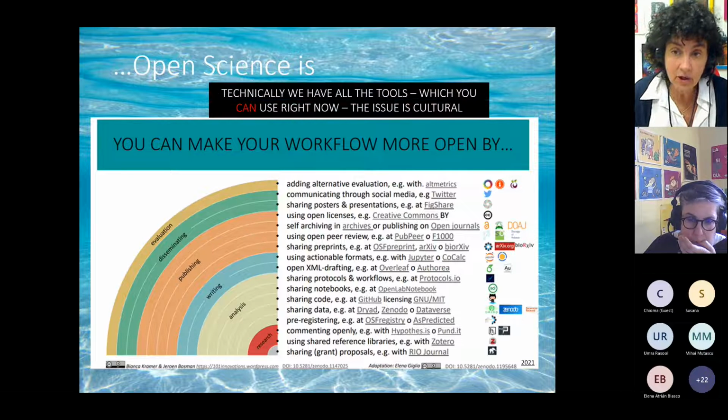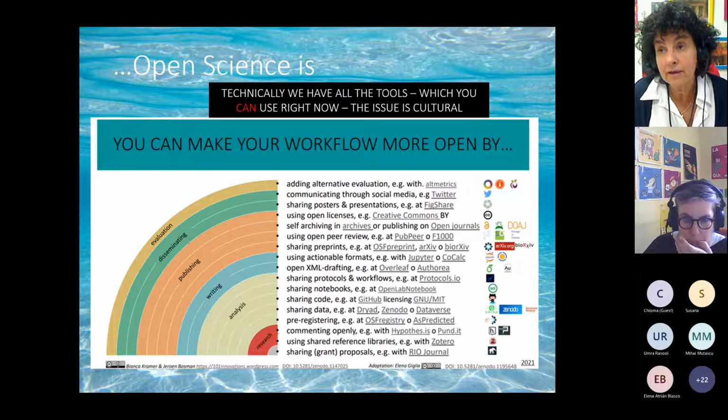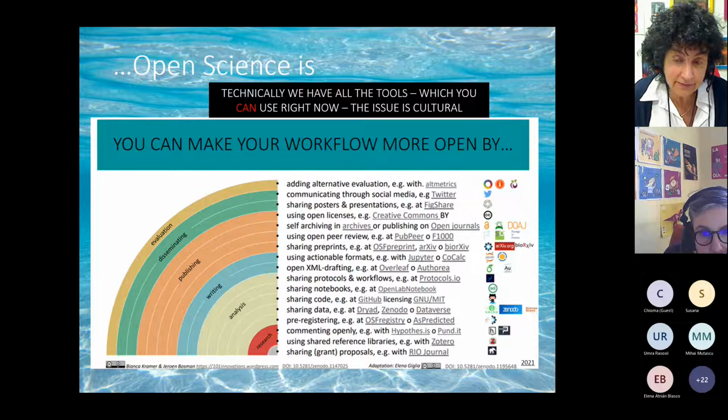Why do I say adopt and adapt? Because if you simply copy something that another project put in the Horizon Europe proposal, it will do no good for you. Sorry, I would rephrase.